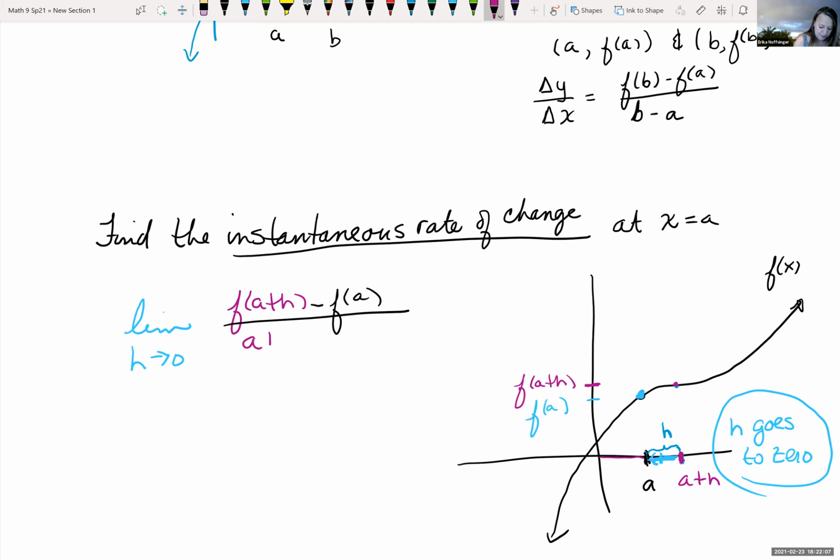So this is a plus h minus the other x value, which is a. And so notice the a's cancel in our denominator. And so that's where we got that definition: the instantaneous rate of change at a value x equals a on f of x, if it exists, we'll talk about that in a little bit, is f of a plus h minus f of a all over h.